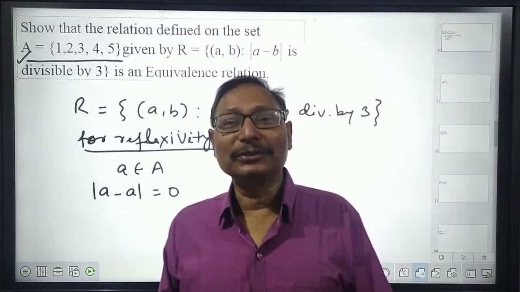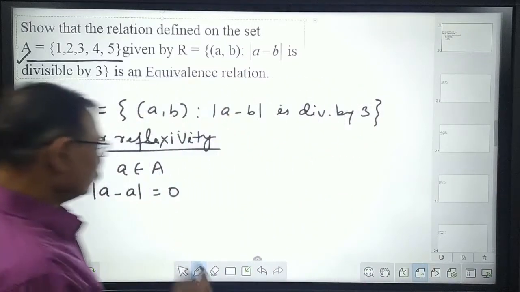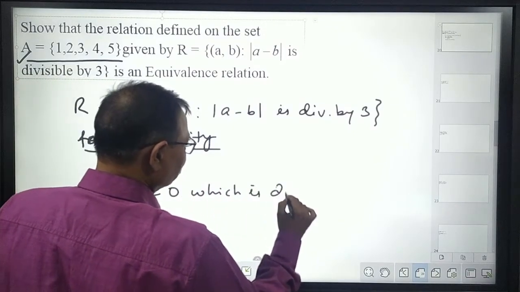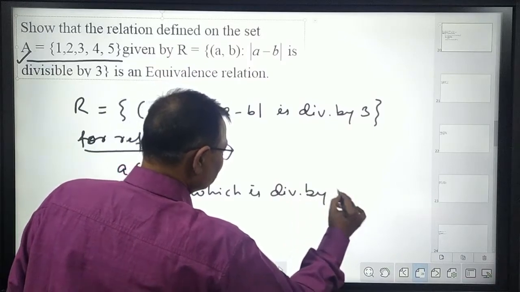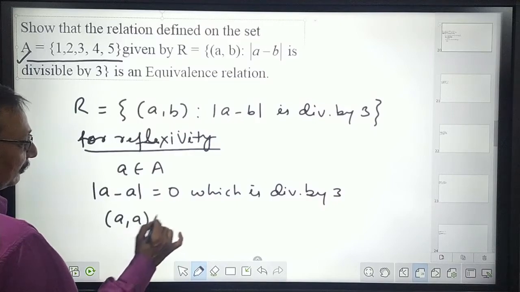So it is divisible by 3, and if it is divisible by 3, then we conclude that A comma A belongs to R.